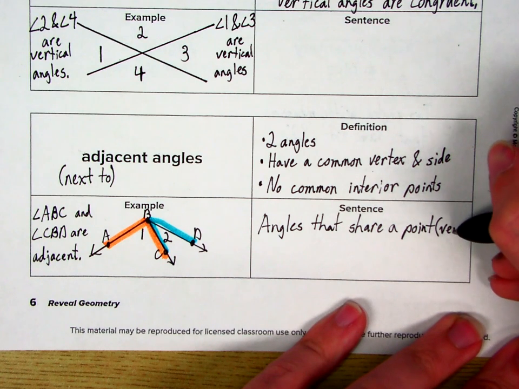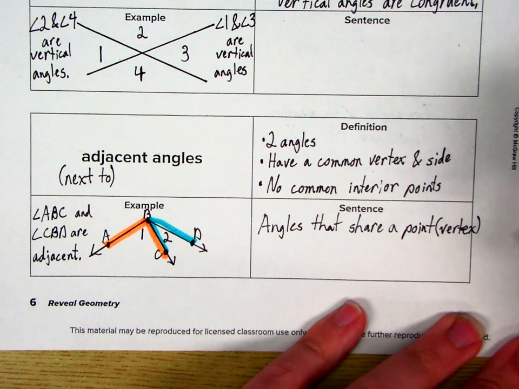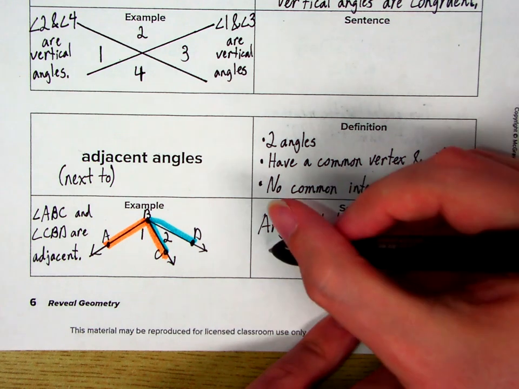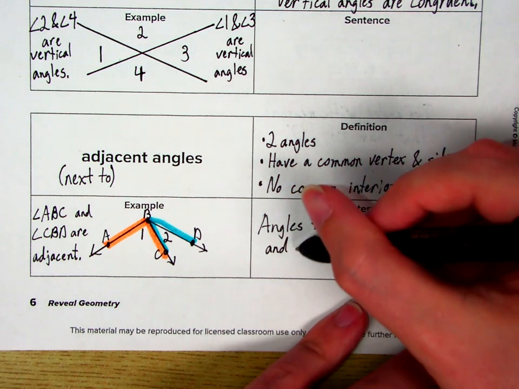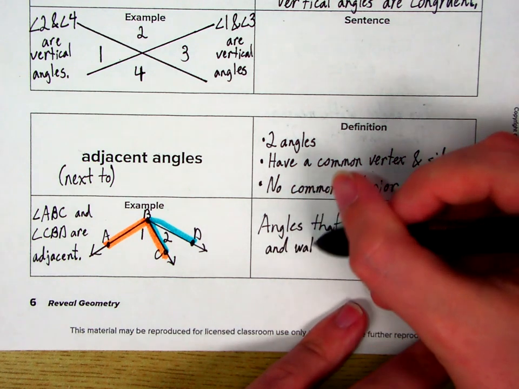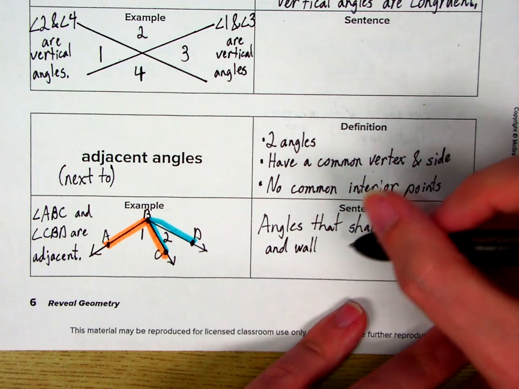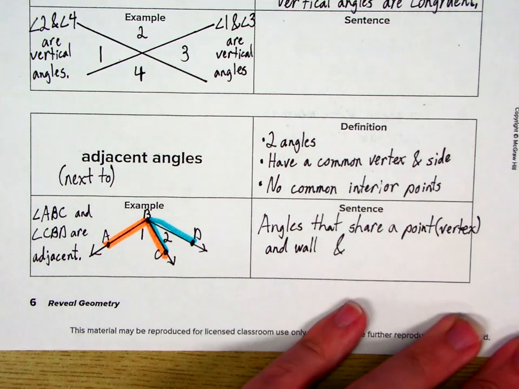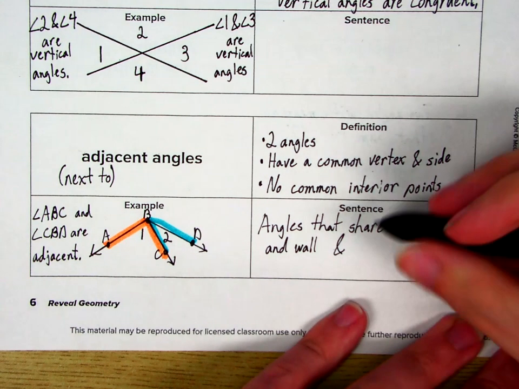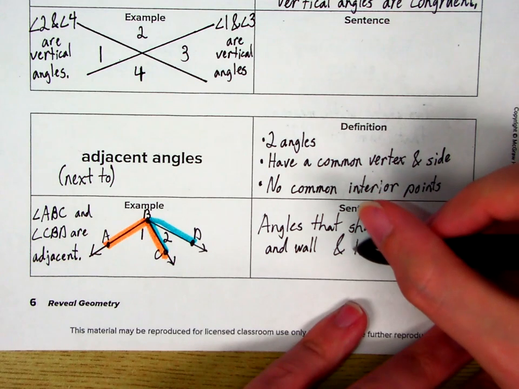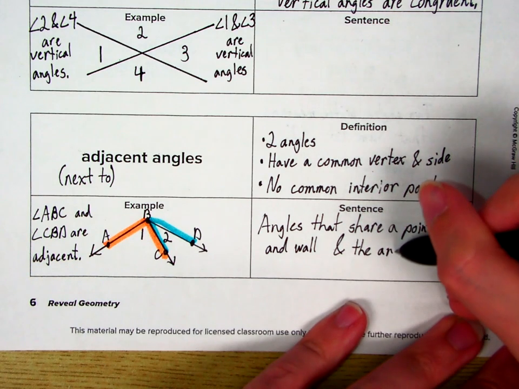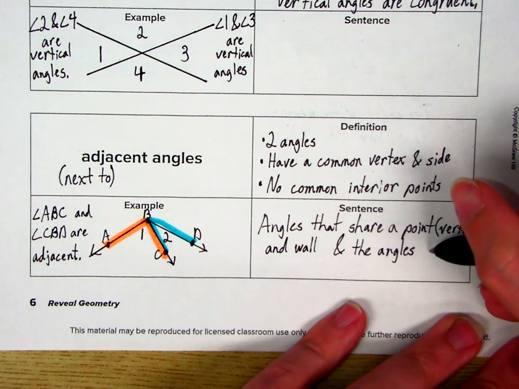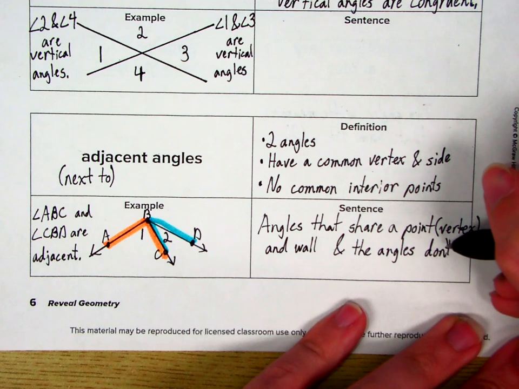We put in that parentheses, vertex, and wall. And the angles don't overlap.